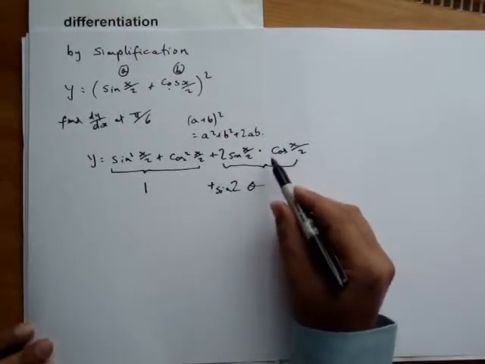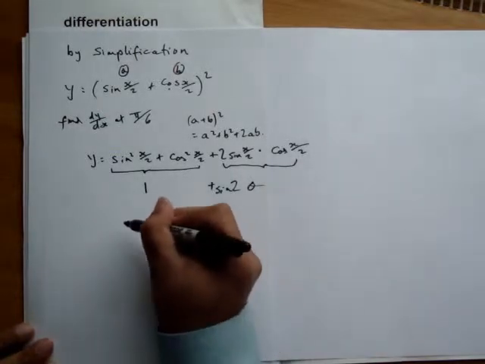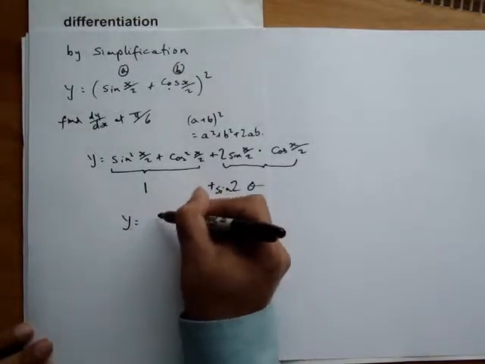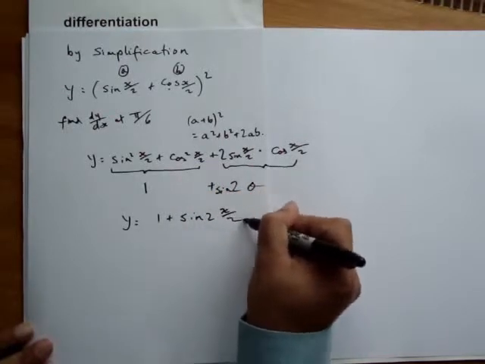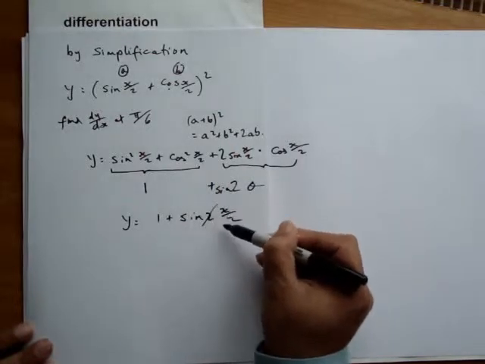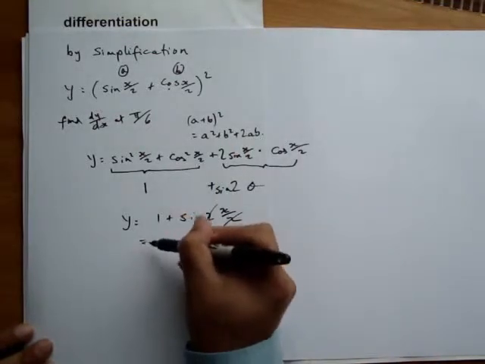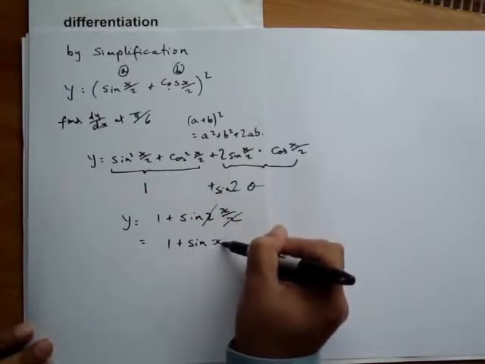So theta in this case is x over 2. So this becomes y equals 1 plus sine 2 x over 2. The 2's cancel each other out. So it's 1 plus sine x.